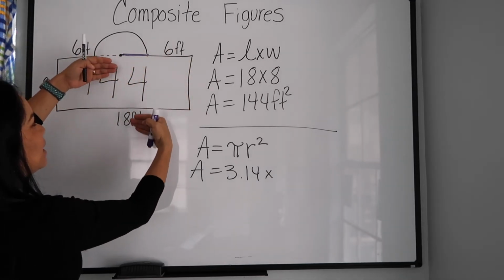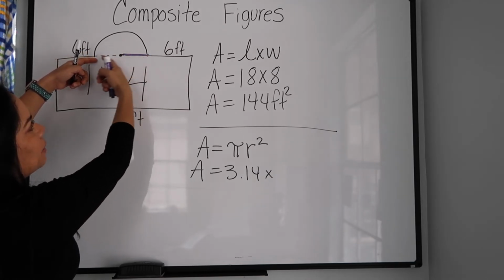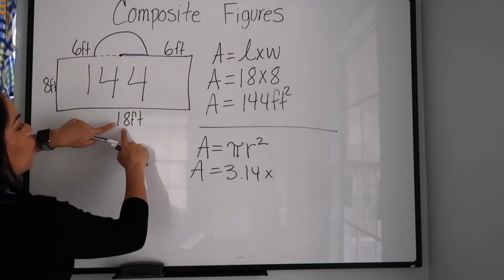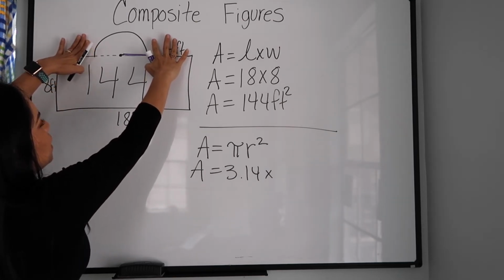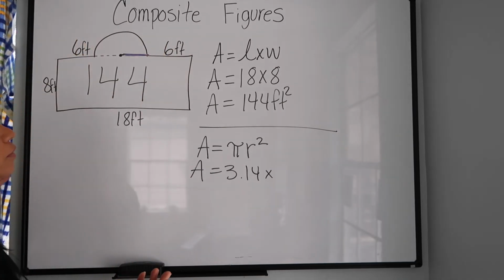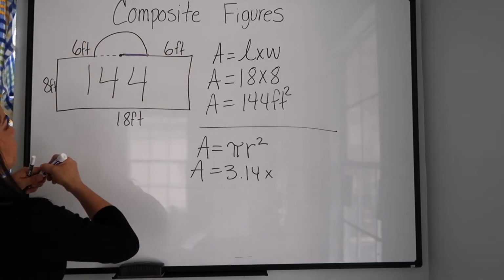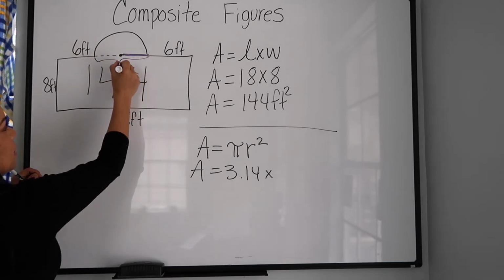The remaining will be all of this side, which is the diameter. So 18 minus 12 will equal this side. What is 18 minus 12? 6. So from here to here is 6.